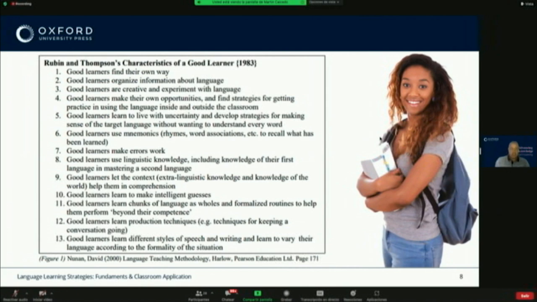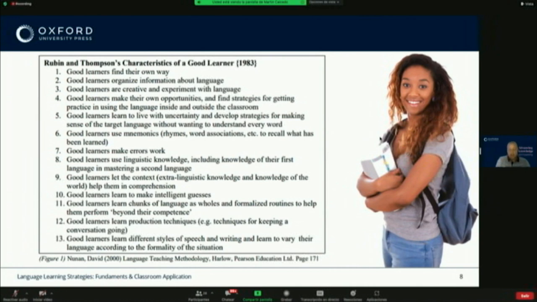And I'm pretty sure that as you read them through, you're going to say, oh yeah, I did this, I do this. And at the same time, think about which of your students apply or display these characteristics. Good learners who find their own way, good learners who organize information about language, creative and experimenting with the language, creating their own opportunities to practice.